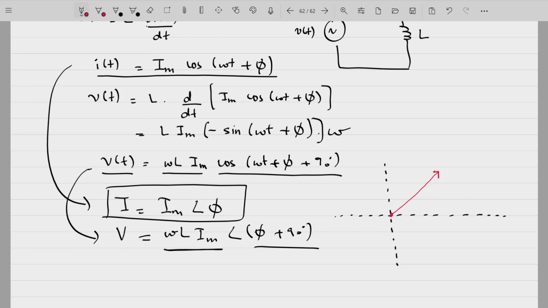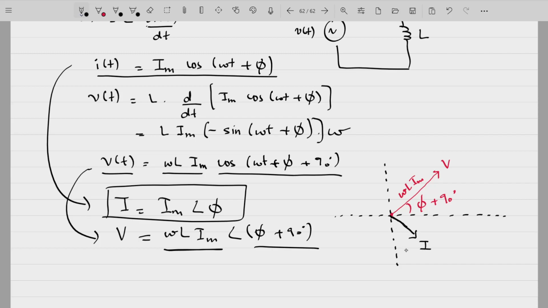This is voltage V. The magnitude of this voltage is omega L Im, and the angle of this is phi plus 90 degrees. If voltage is in this direction, current will be in this direction.